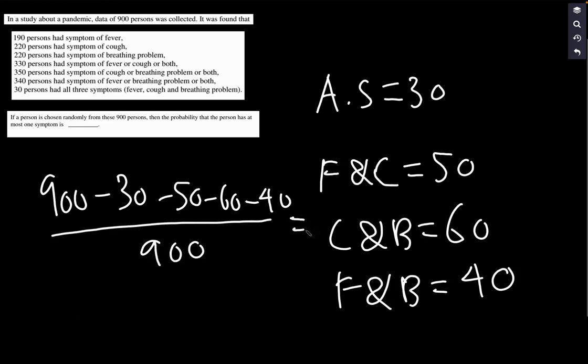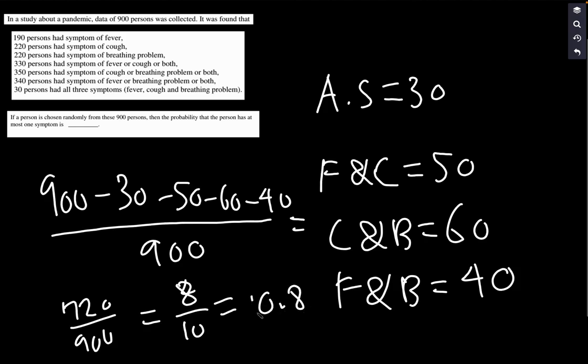Then this simplifies to 720 over 900, which can be further simplified to 8 over 10. Then the final answer will be 0.8.